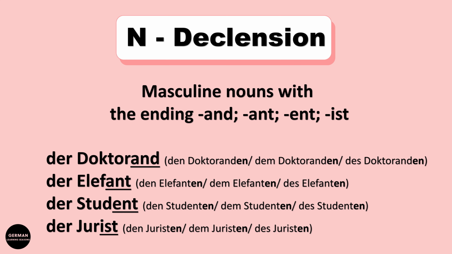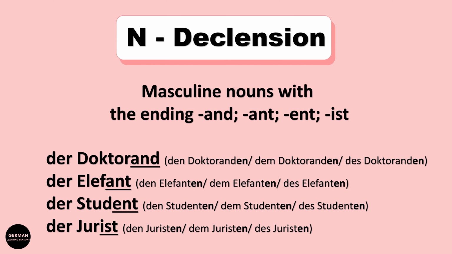Also weak nouns are masculine nouns with the ending ant, ent and ist. For example, der Doktorand, in English the PhD student. Der Elefant, the elephant. Der Student, the student. And der Jurist, the lawyer.